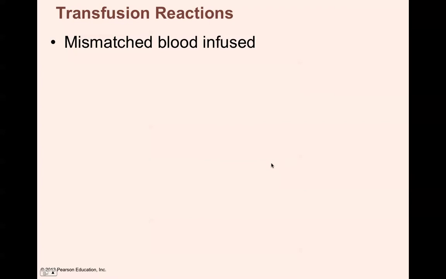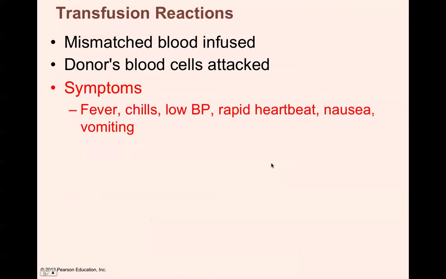So another type of problem would be a transfusion reaction, where mismatched blood is infused. A donor's blood cells could be attacked. The symptoms would be fever, chills, low blood pressure, rapid heartbeat, nausea, and vomiting.